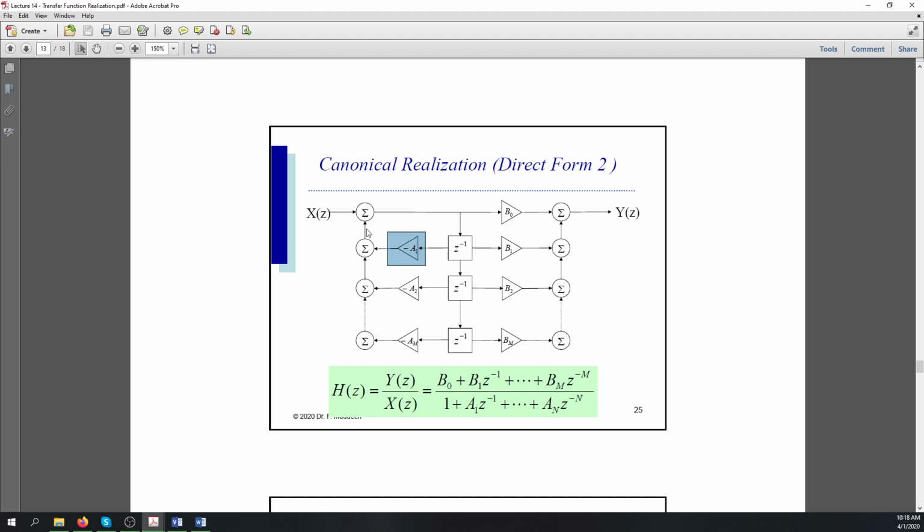The sign for the feedback going in here is still positive, yes. So these summation points here are always positive feedbacks. They're not negative feedbacks, they're always positive, whether it be on the left hand side or on the right hand side.